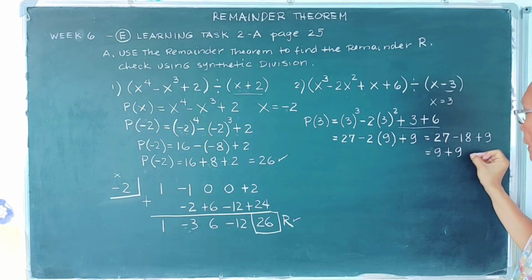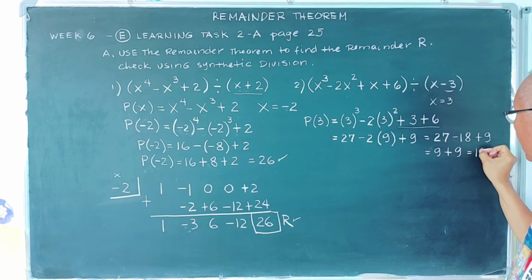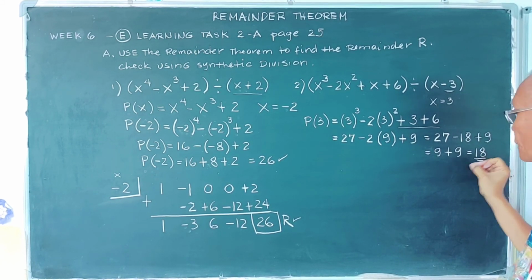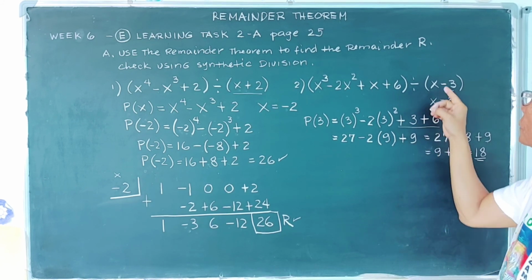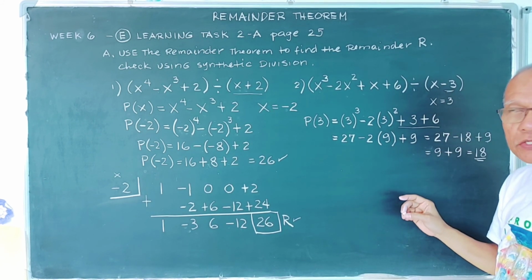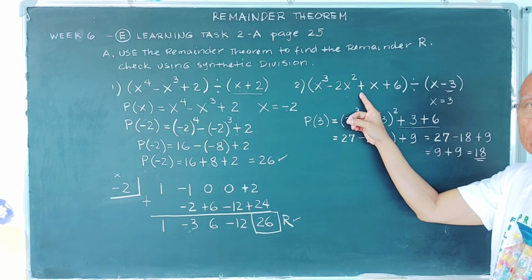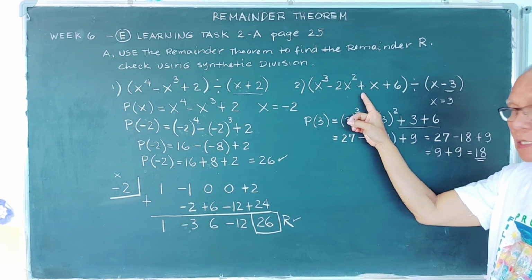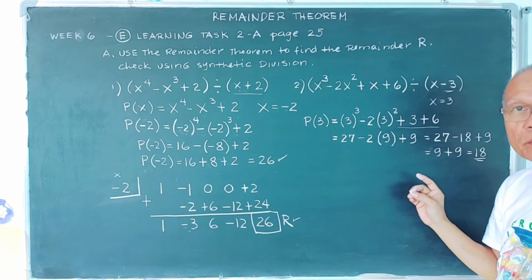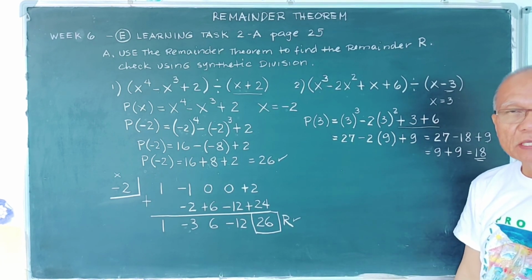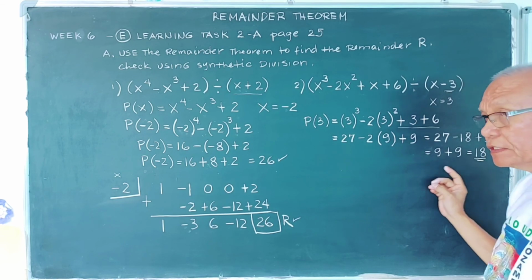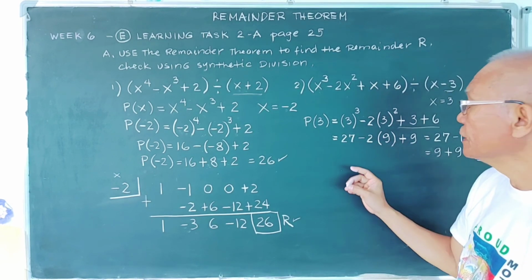Ito is equal to 18. Therefore, itong x minus 3, siya ay hindi factor ng polynomial natin. Hindi siya one of the factors, hindi. Because meron tayong remainder. Alright, check natin kung tama yung 18 by synthetic division.